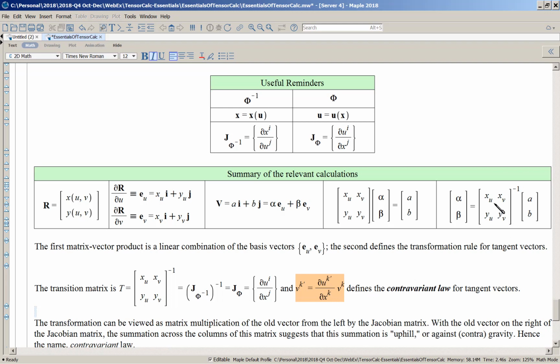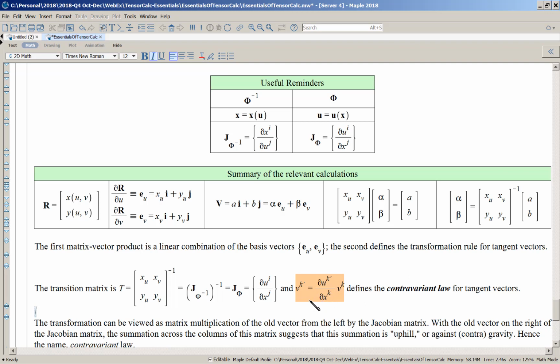Now, row, column. Row index, column index. This sum is across the column. This is going across the column. This is coming down. That's what this product is.